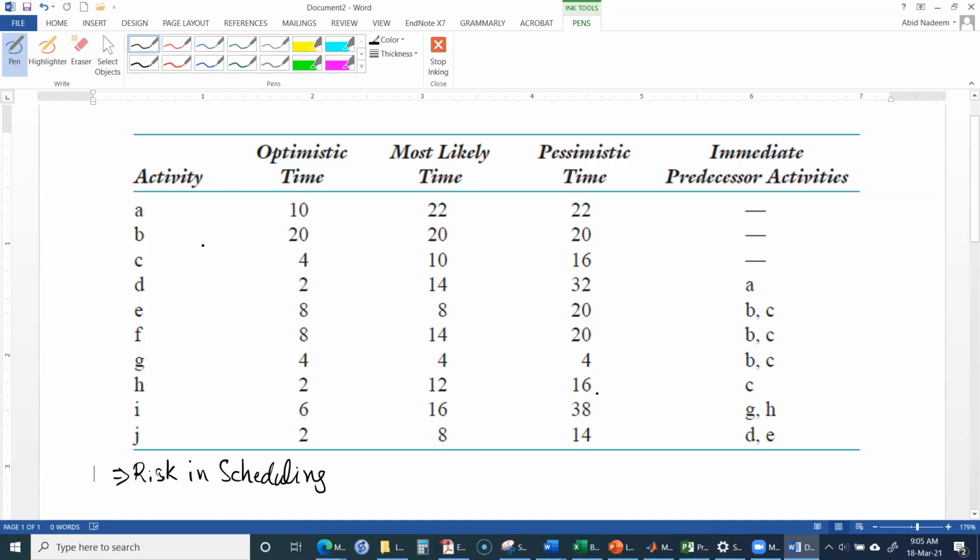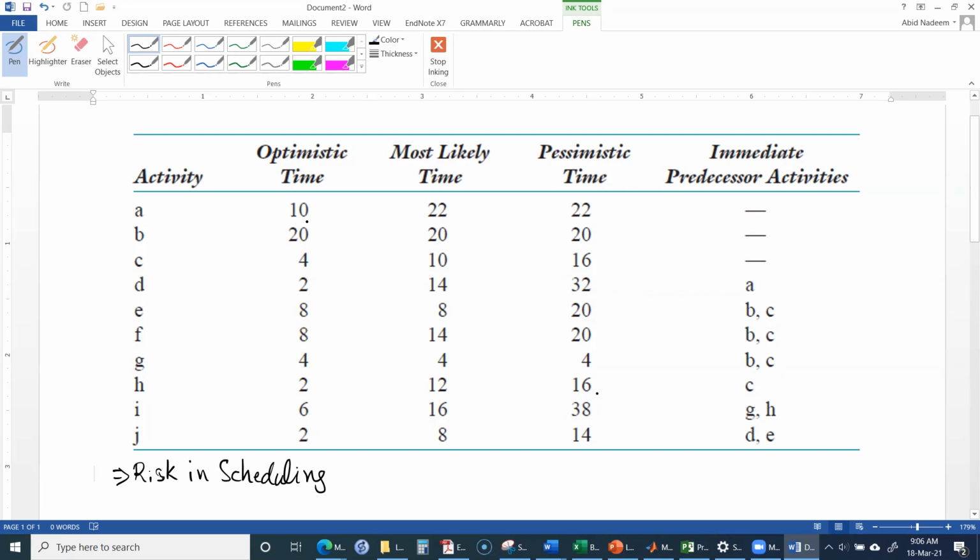In this risk in scheduling, I am looking at a case when we are not sure about the definite time for the activity. So for each type of activity, we have three types of time. One is the optimistic time, the other is the most likely time, and the third one is the pessimistic time.